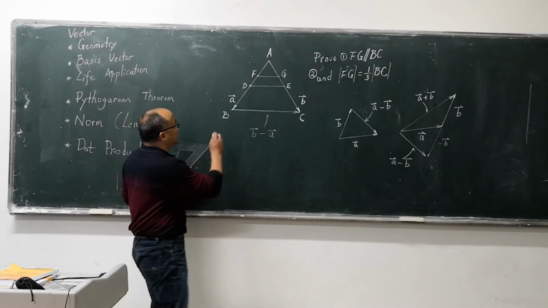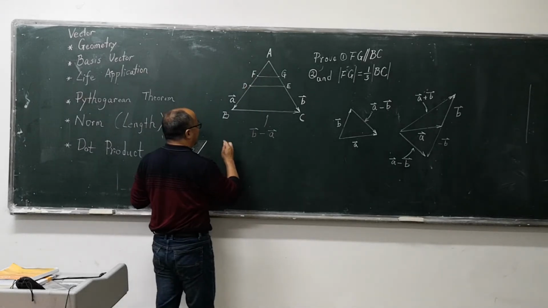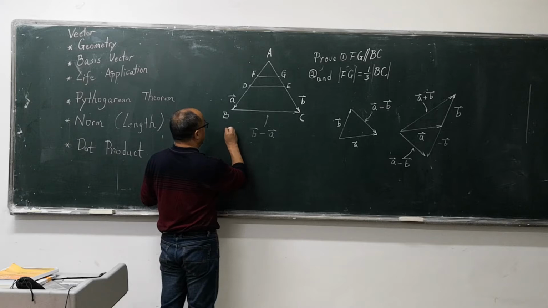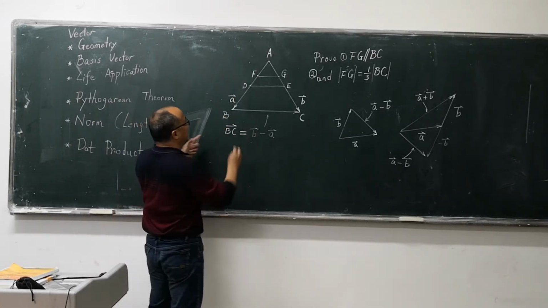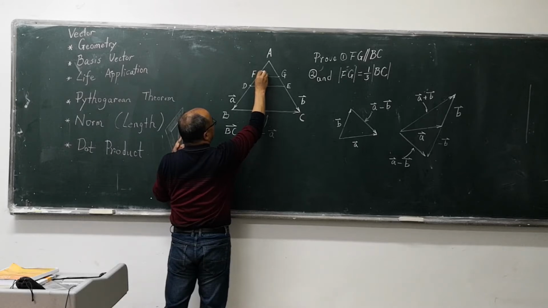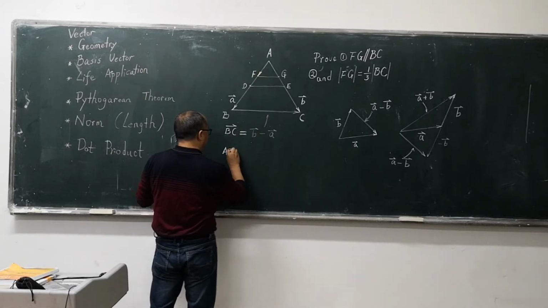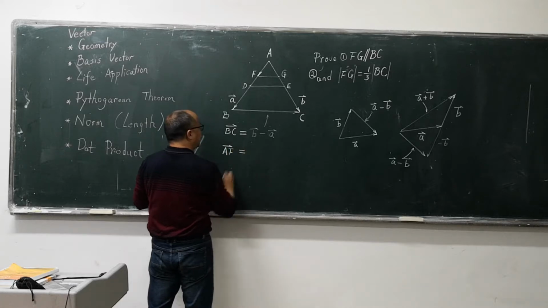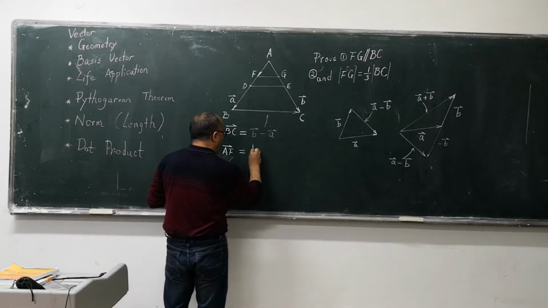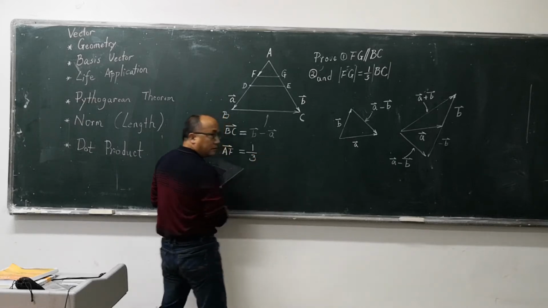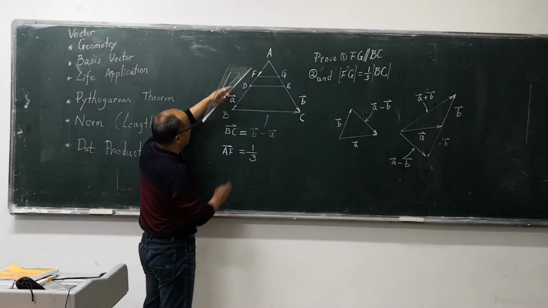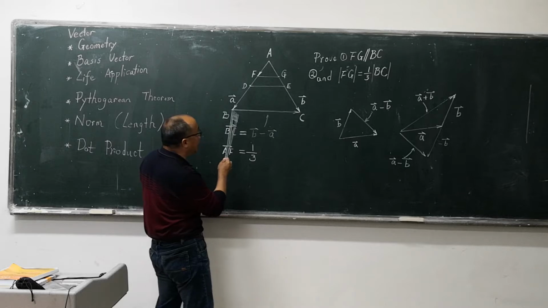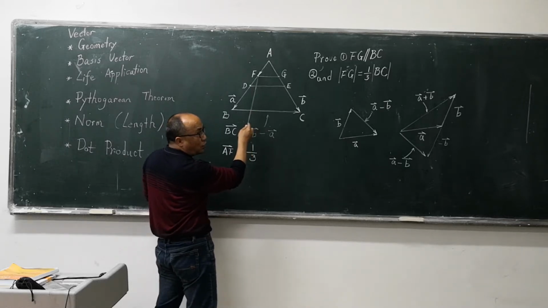Then what is the vector AF? This is BC. Then what is AF? From here to here is A, and from here to here is only 1/3.